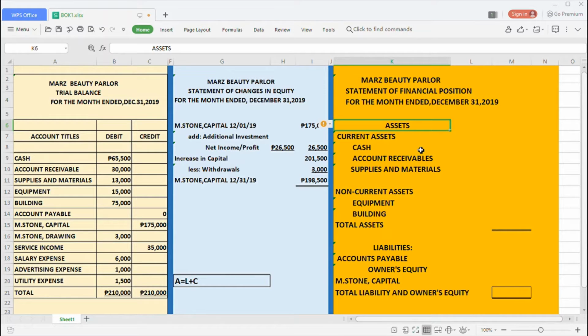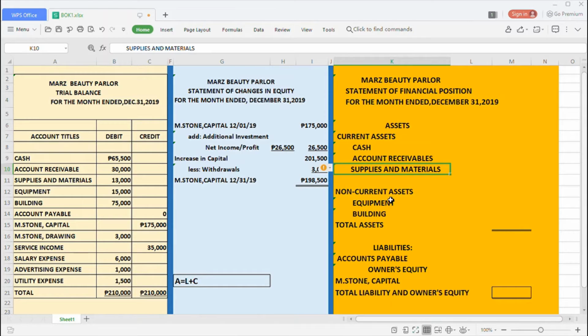And assets has two types, the current assets and the non-current assets. So when we say current assets, those are assets that are convertible to cash in less than a year. Okay? So halimbawa dyan yung mga cash, alright, the accounts receivable and the supplies and materials. Madali lang siyang i-convert into cash. So that's why current assets siya.